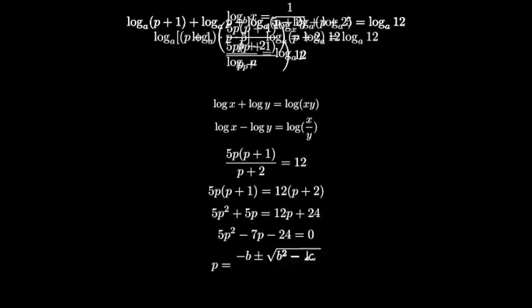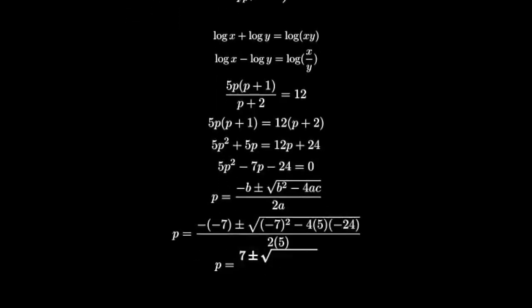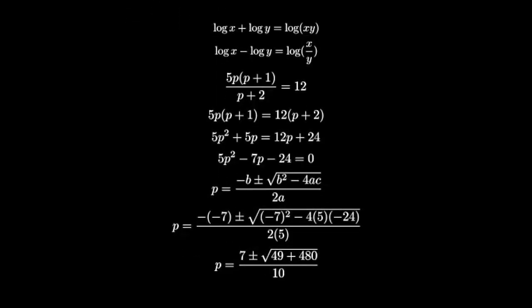We can solve this quadratic equation using the quadratic formula, p equals negative b plus or minus the square root of b squared minus 4ac, all divided by 2a. Here, a is 5, b is negative 7, and c is negative 24. Substituting these values gives p equals 7 plus or minus the square root of 49 plus 480, all divided by 10.